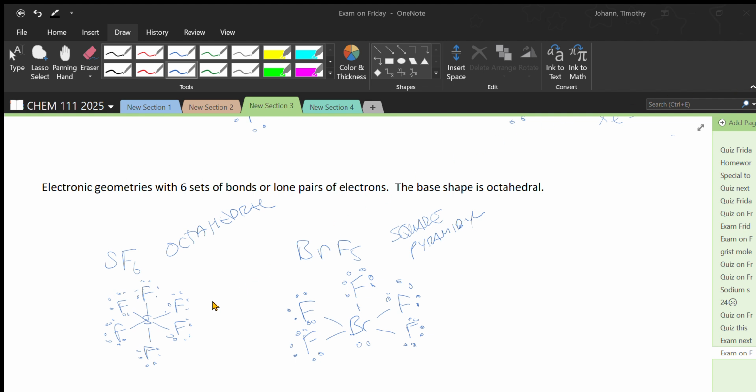I'm trying to find one. I need 5 things, right? It's not that. All right, let's try this. BrF5. VSEPR shape. And we'll do images.